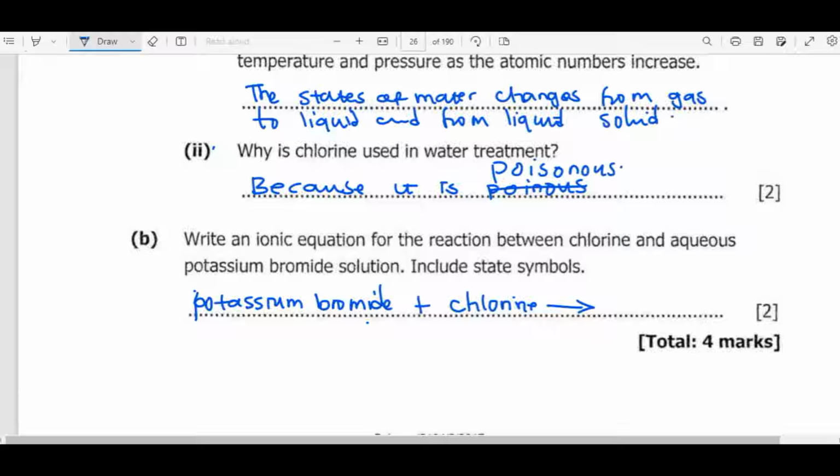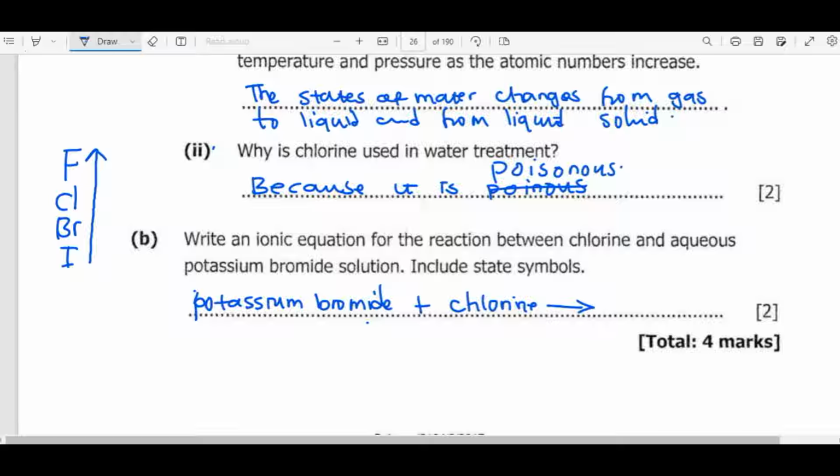So let's look at the arrangement of these elements in group 7. The one on top is fluorine, followed by Cl, then bromine, then iodine. Let's just end at iodine. According to the reactivity of group 7 elements, as you move up the group, their reactivity increases. So the one on top is more reactive than the one below.